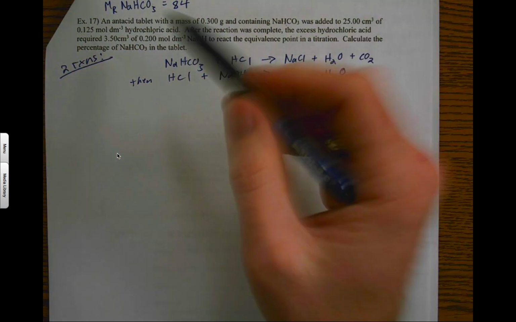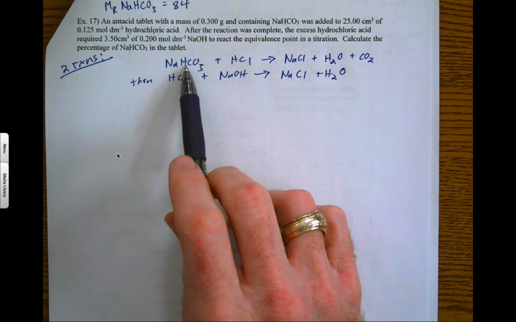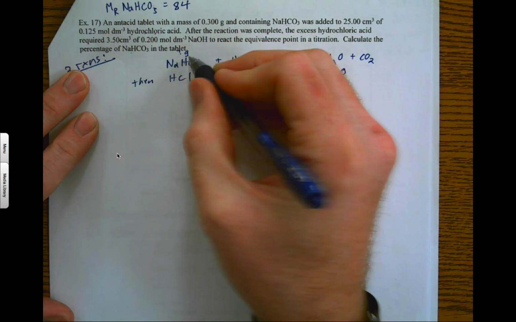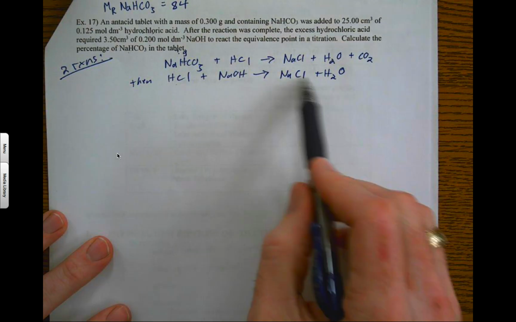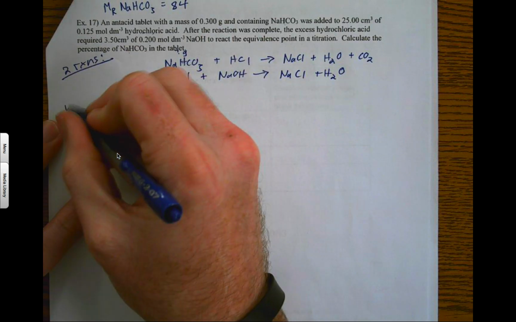Now we need to calculate the percent of this. So we want to really find the mass of this. That's the true goal. We want to find the grams of NaHCO3. But we really only have data for this second one. So we're going to have to work backwards.